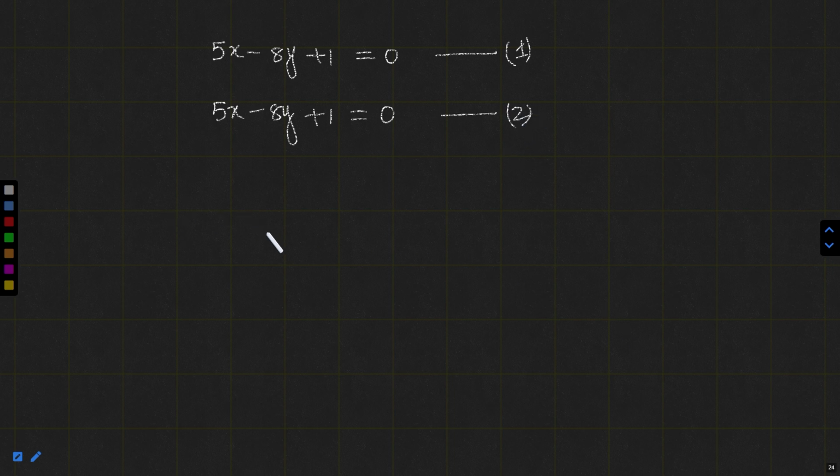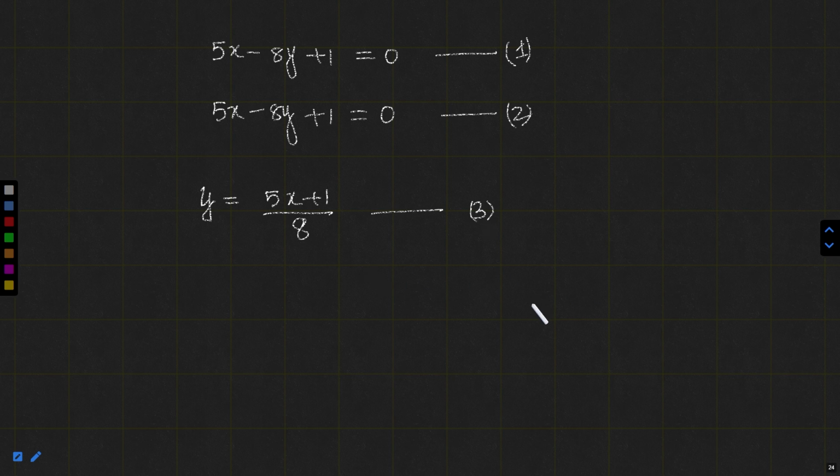Now if we write one variable in terms of the other, here if we write the y variable in terms of x, then we'll get y is equal to 5x plus 1 by 8, naming this equation number 3.